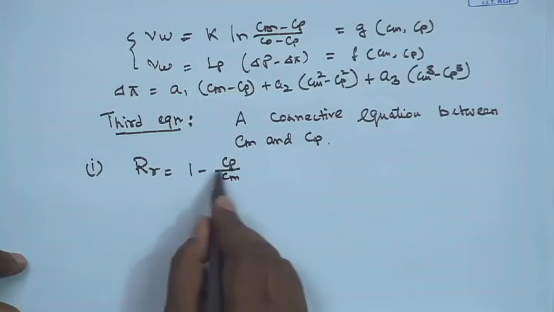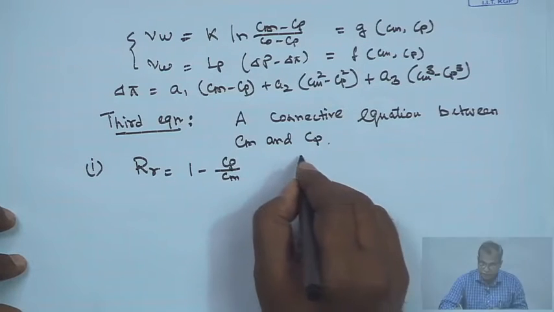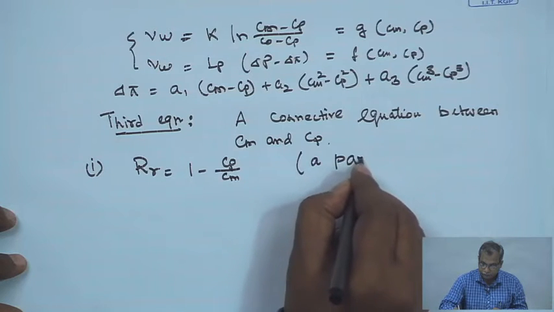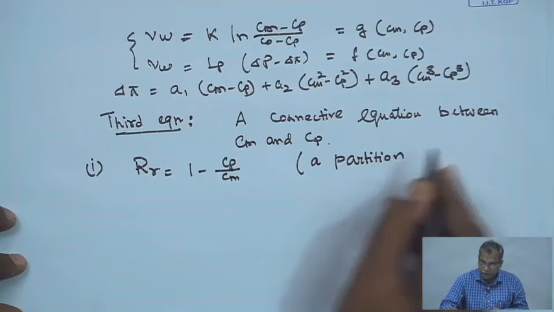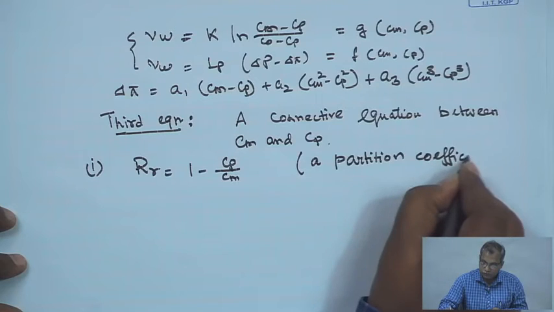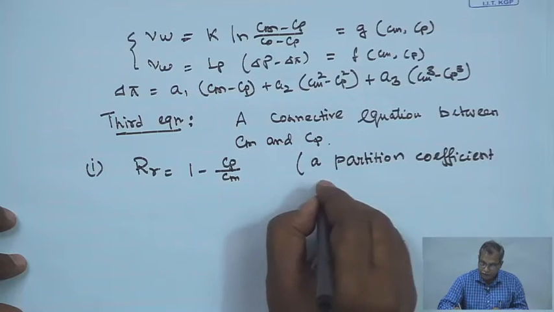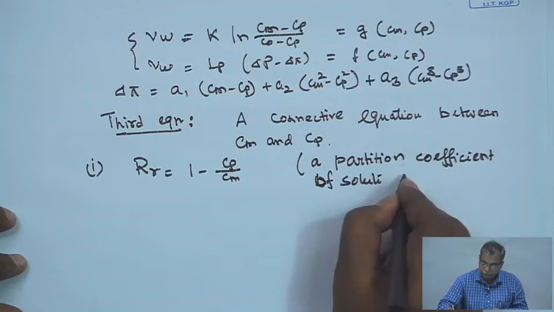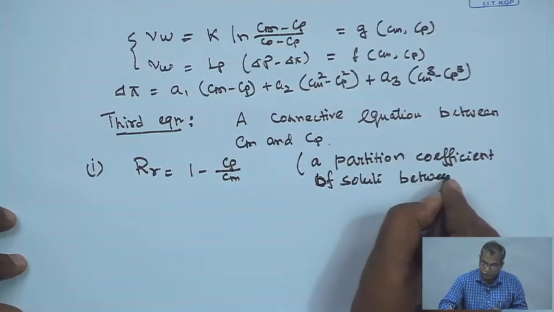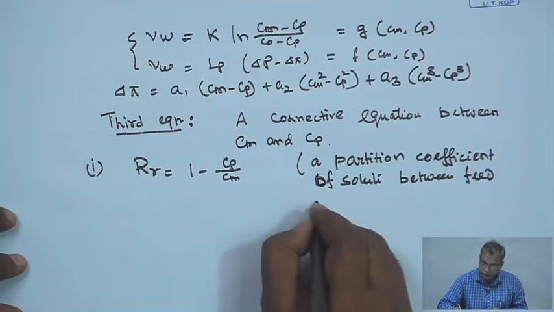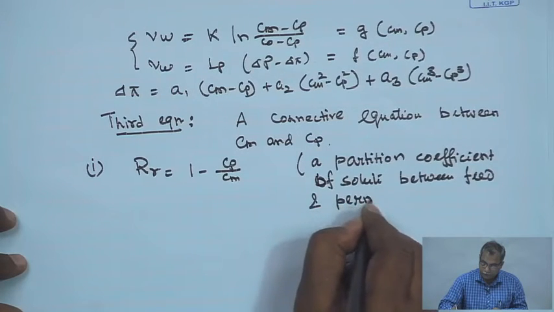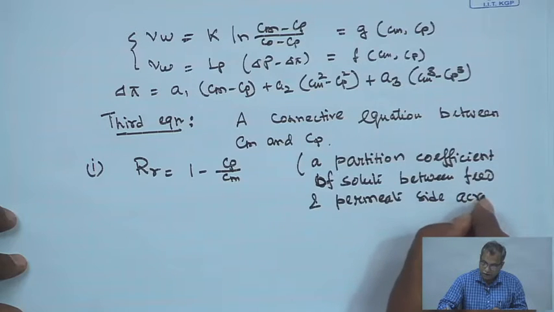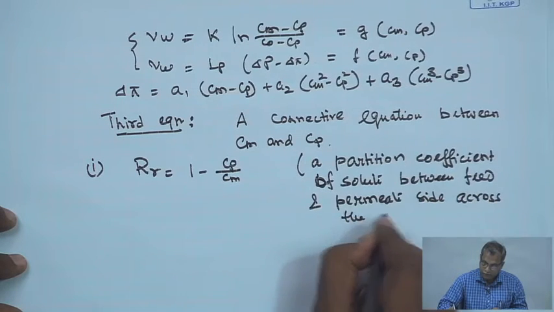If you look into the expression of real retention, it can also be interpreted as a partition coefficient of solute between the feed and permeate side across the membrane.